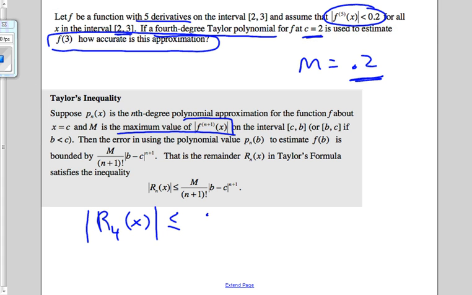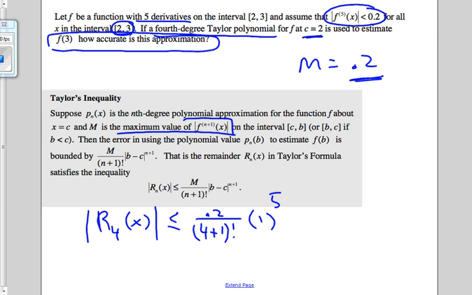So 0.2 over n plus 1, well, n is 4, so 4 plus 1 factorial, times the absolute value of b minus c. On the interval from 2 to 3, that's 1 raised to the n plus 1, 5.